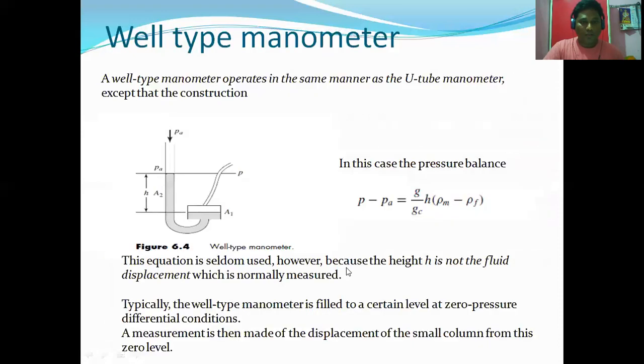Here the height of the manometer is from the A1 range to P_A, not A2. So this equation is seldom used, however, because the height h is not the fluid displacement which is normally measured. Therefore, the pressure balance is P minus P_A is equal to g divided by g_c h rho m minus rho f.